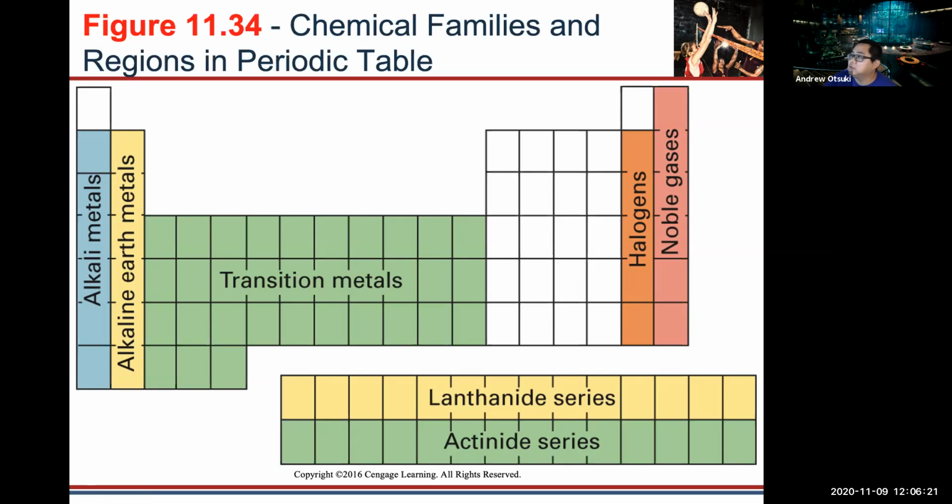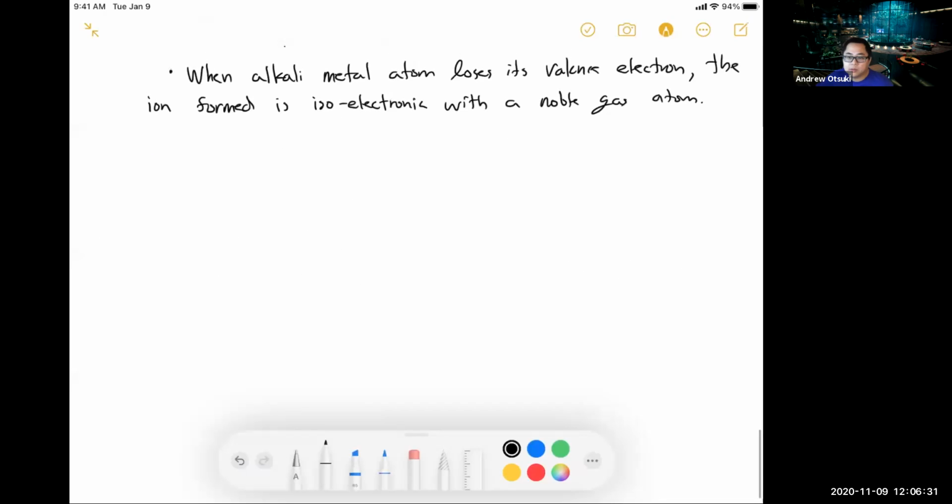Okay, so now let's go back to the whiteboard. Let's talk about chemical families. So alkaline earth metals. I don't expect you guys to know why they're called alkaline earth metals. That's just the name we give to them, and it's based on a similar property.